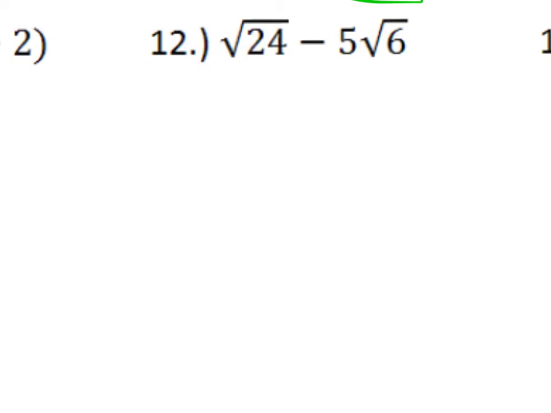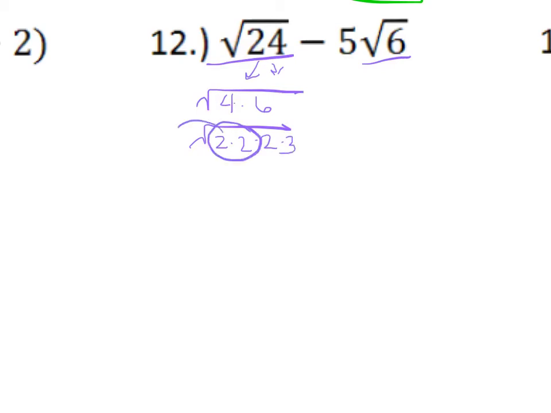Okay, 12. At first glance, we see a root 24 and a root 6. We'd say, oh, those can't get subtracted. But double checking that, we do know that root 24 does simplify to 4 times 6. And 4 becomes 2 times 2. 6 becomes 2 times 3. Well, a single couple comes out here.